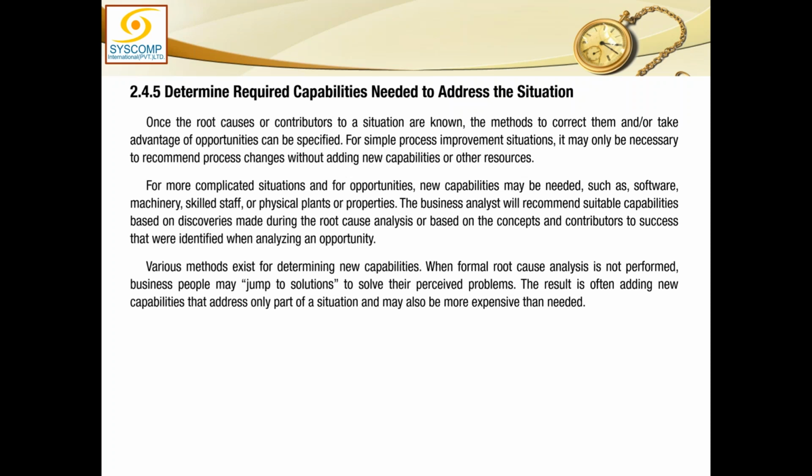So new capability has to be introduced. You may have to be trained for that. Or maybe you have to introduce a new machine into the system to do that job. For more complicated solutions and for opportunities, new capabilities may be needed, such as new software, machinery, skilled staff, or physical plant properties.